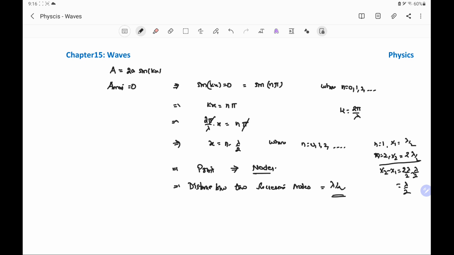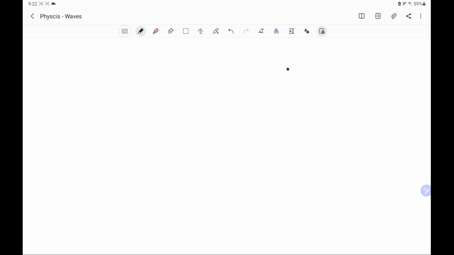To draw the graph of the standing wave, we take a simple case of a string which is fixed at two ends. So these two ends are the fixed ends, and here nodes exist because displacement is 0. The simplest case has one loop, that is, there is an antinode in between where displacement is maximum.